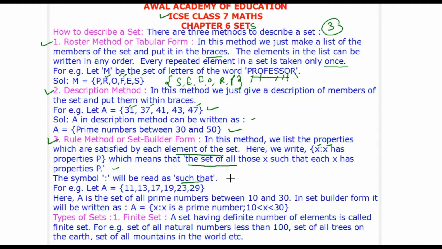For example, take A equal to 11, 13, 17, 19, 23, 29. So these are all prime numbers more than 10 and less than 30.